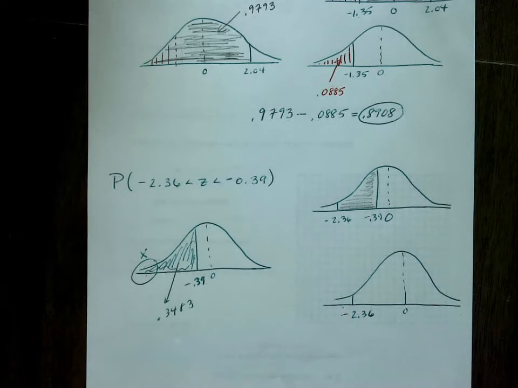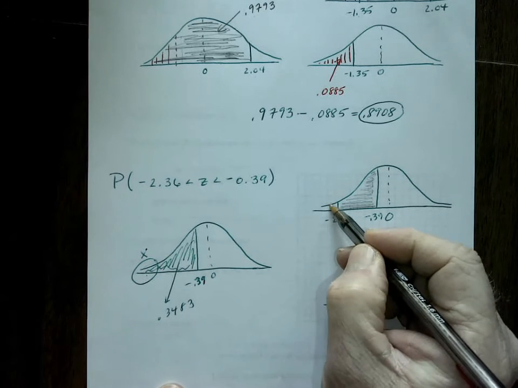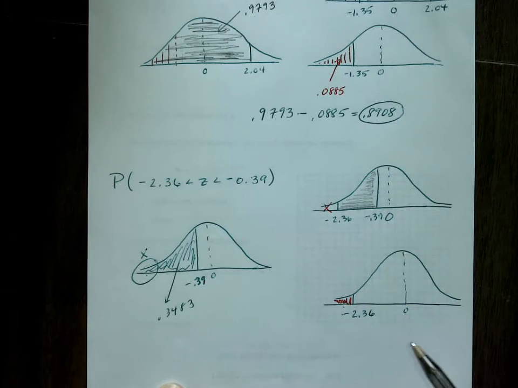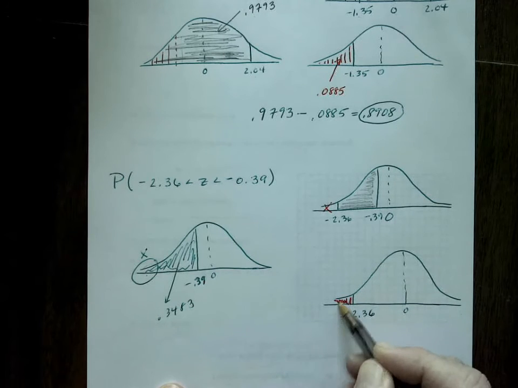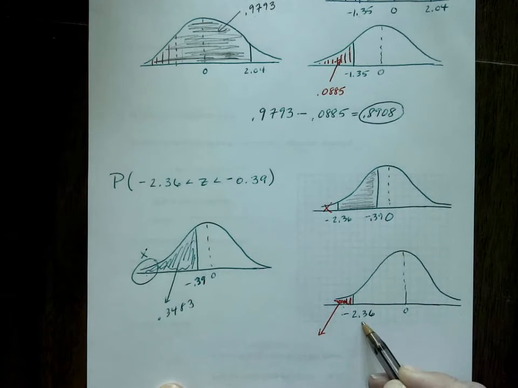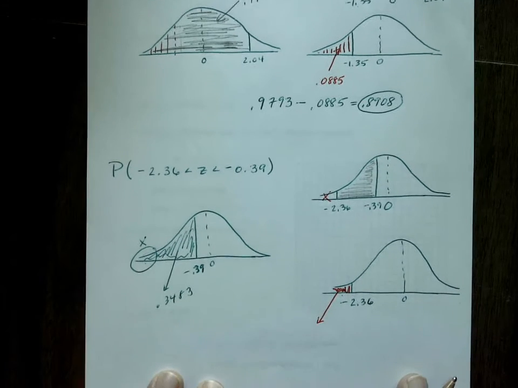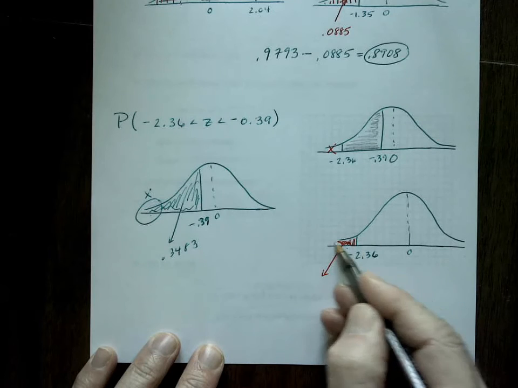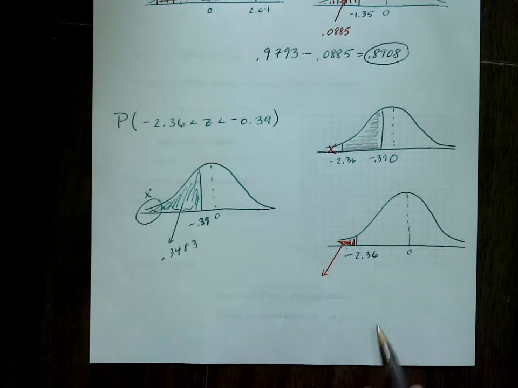So again, if I'm color coding, the part that I don't want is this tail here, which is the answer I get when I look up negative 2.36. When I look up negative 2.36 in my chart, I get this area. So let's look that up.